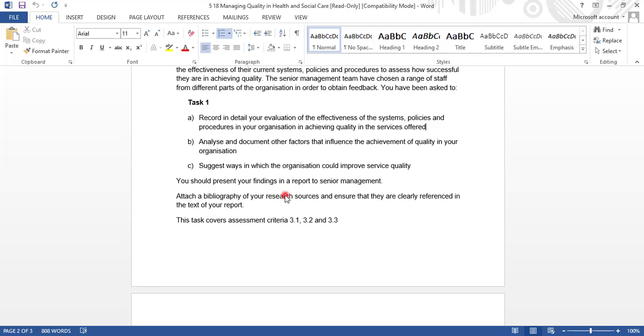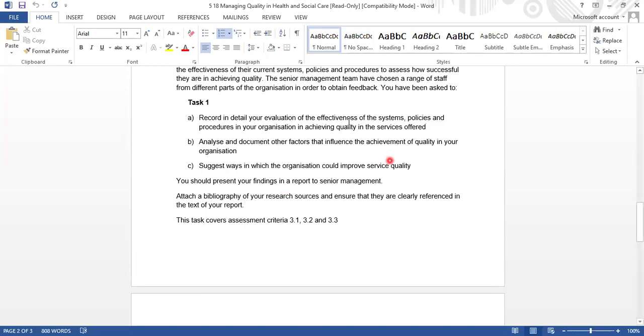And the second bit will be analyzing and documenting other factors that influence the achievement of quality in your organization. Previously we were talking broadly, but now we're talking specifically about your organization in this report. You're first analyzing and then writing down what other factors influence.